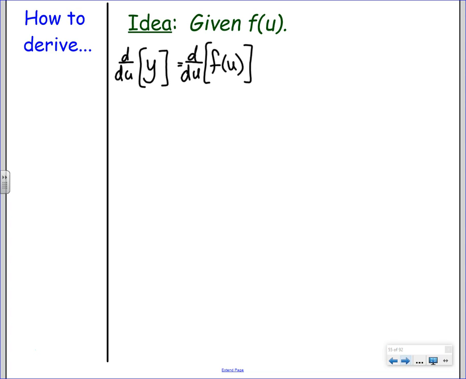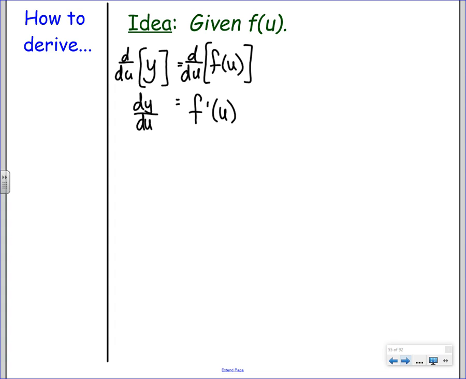So if I just took the derivative of f, totally disregarding the u. And what I mean by that is u is like x, so whatever is inside f, the derivative of the x is just 1. We would end up with dy du. It's just f prime of u. Does that make sense?